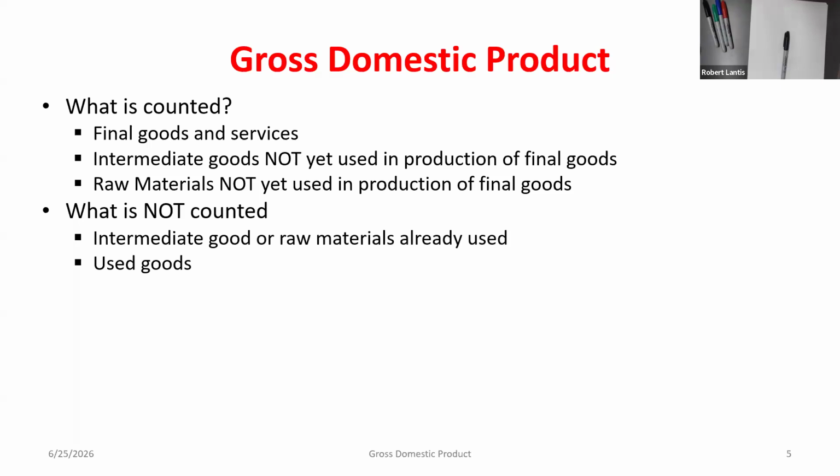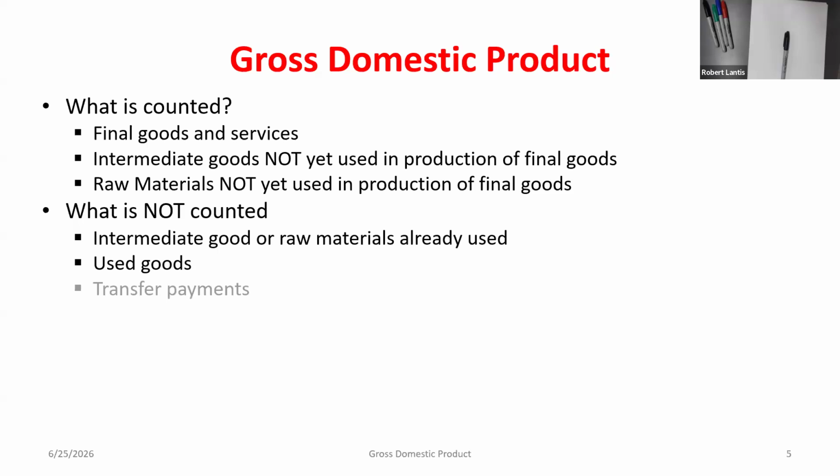Anytime a used good is sold, we might think, oh yeah, there's an increase in how much money people are spending. However, that's not generated by the new production of a good. We still have the same quantity. If GDP is a measure of the output or quantity our economy is producing, we still have that same unit. It's just changing hands.